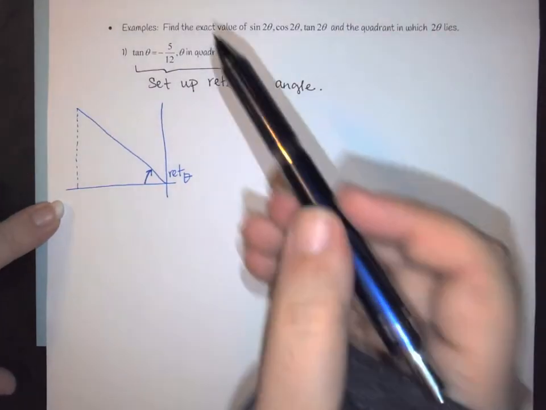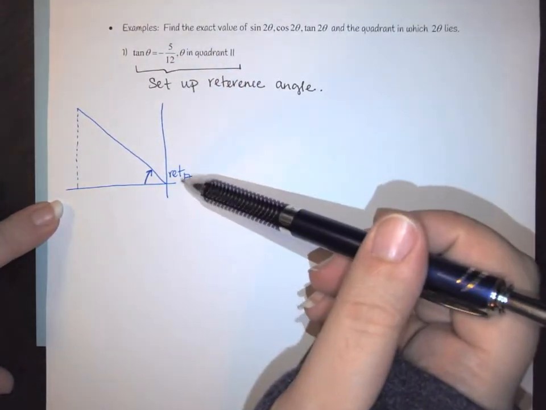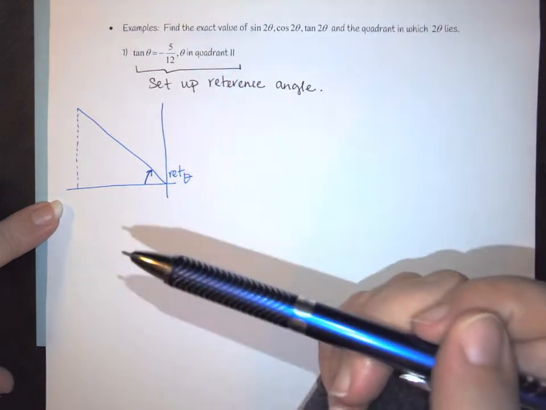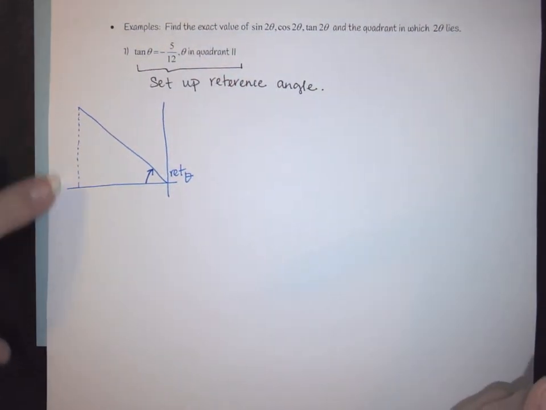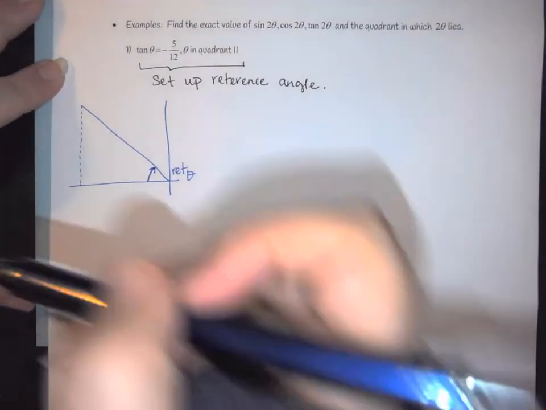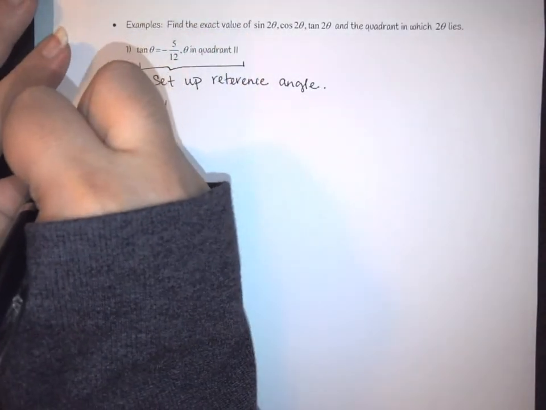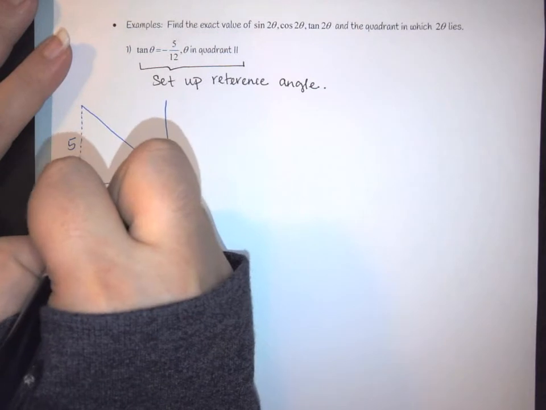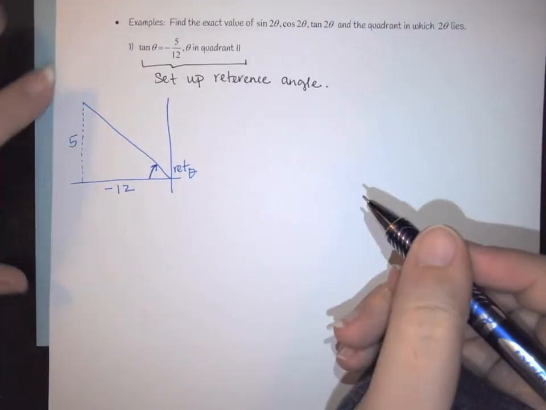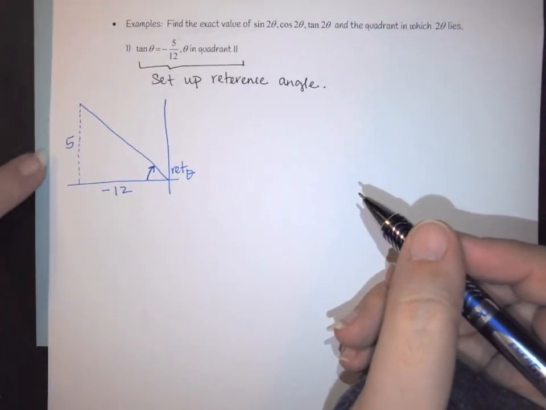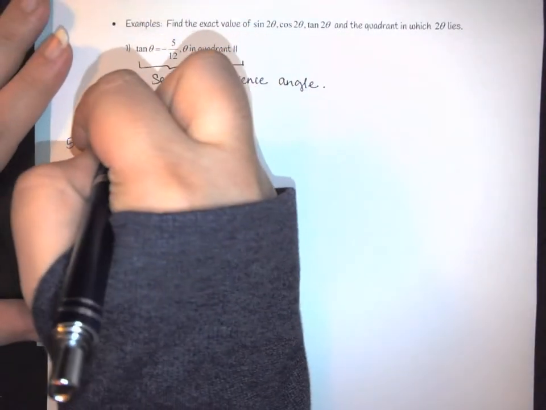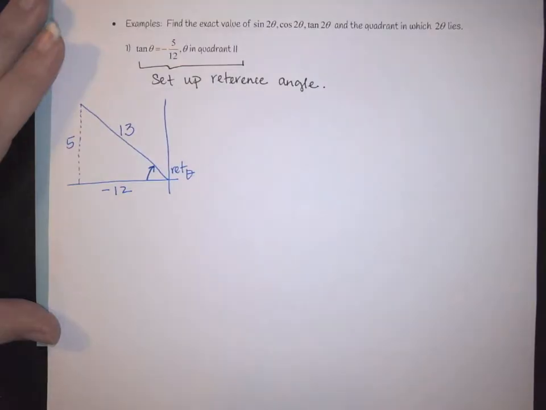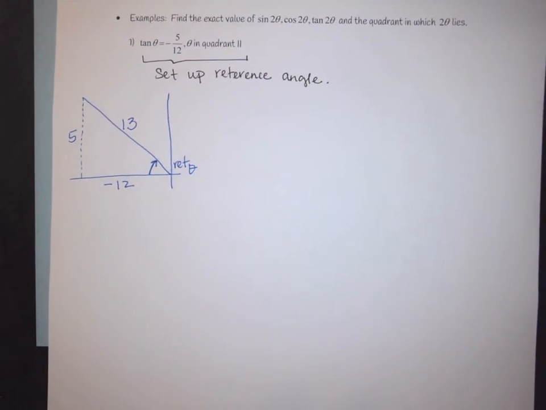Here we're telling you the tangent of that angle is going to be -5/12. So tangent is opposite over adjacent. Here my opposite is positive, so this is 5, which means my adjacent is the -12. And again, this is actually a special triangle. It is the 5, 12, 13, but please use Pythagorean's theorem in order to solve for your missing side. Okay?